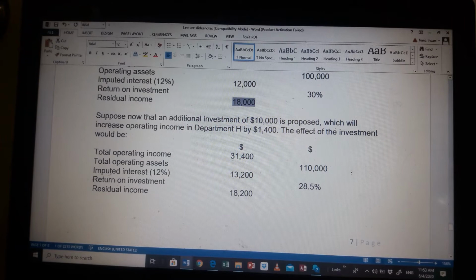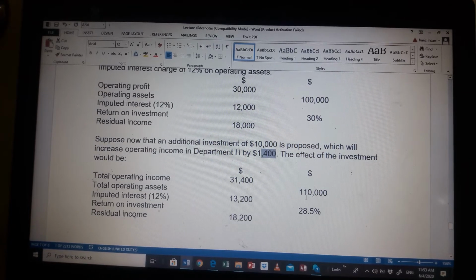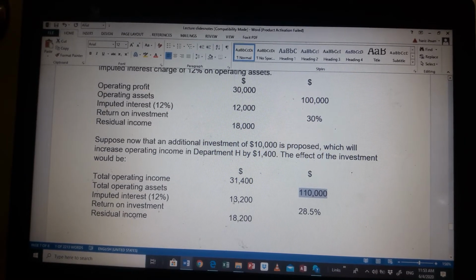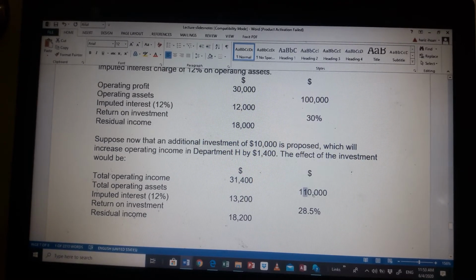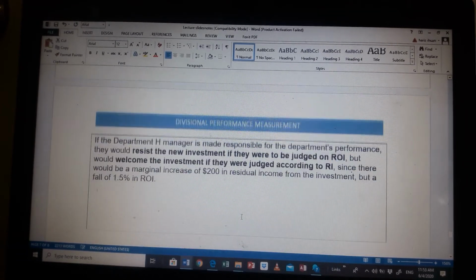So let's say an additional 10,000 is proposed, which will increase the income of the department by 1,400. So the total operating asset is now 110,000, and the imputed interest is 12%. So we take total operating income, divide it by the total operating assets, and we get a return on investment of 28.5%. However, the residual income, total operating income minus imputed interest, equals 18,200.